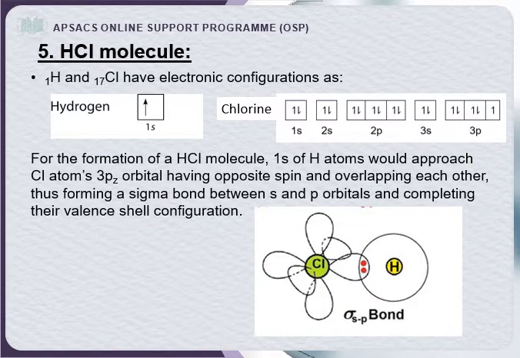It is the HCl molecule. Again, we have the configurations of hydrogen and chlorine. You can see chlorine with all the three of its orbitals shown. Hydrogen is contributing its s orbital, while chlorine is contributing one of its p orbitals in the third shell this time, right?